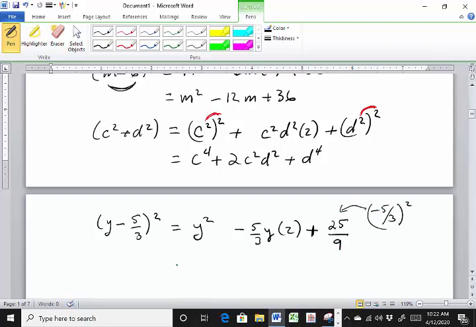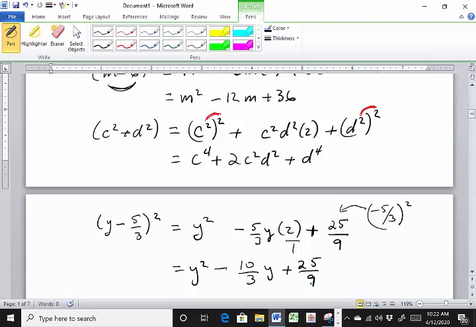Okay? So that's y squared minus, okay, well, this is like 2 over 1. So 5 times 2 is 10, so it's minus 10 thirds y. And that's plus 25 ninths.